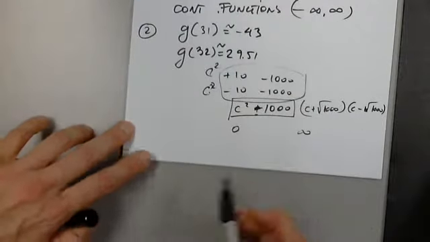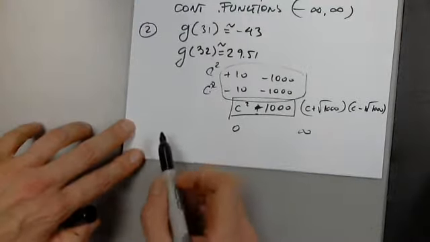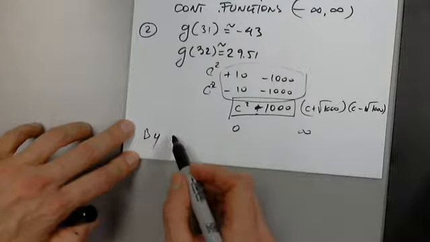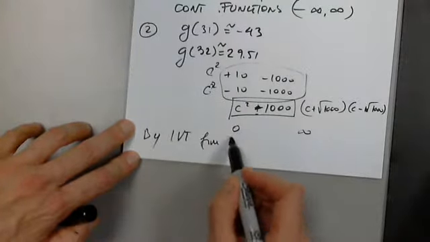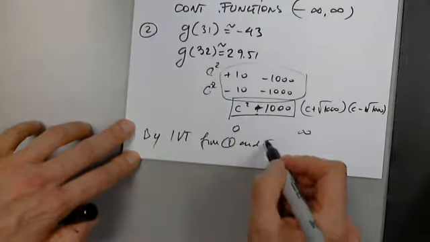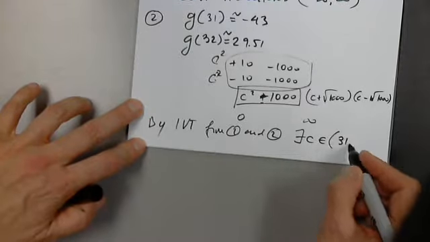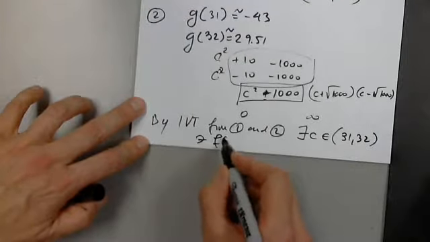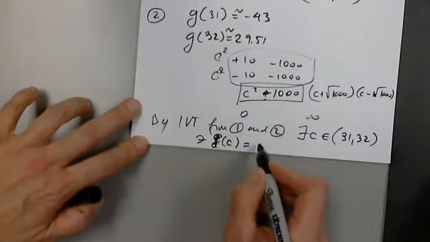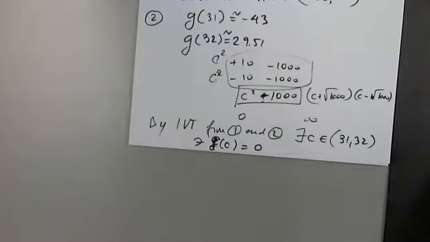So obviously I will say that by the intermediate value theorem from 1 and 2, we conclude that there exists a C in the interval 31, 32 such that g of c is 0. So we can always turn around and make the f of c or f of x equals 1,000 into g of c equals 0 by subtracting 1,000 from both sides.